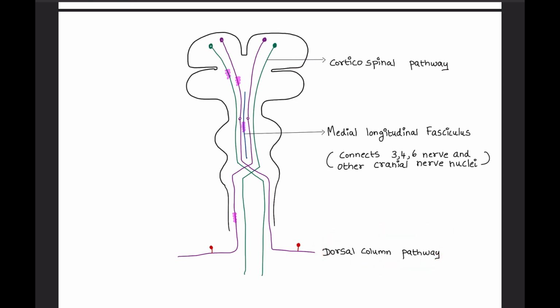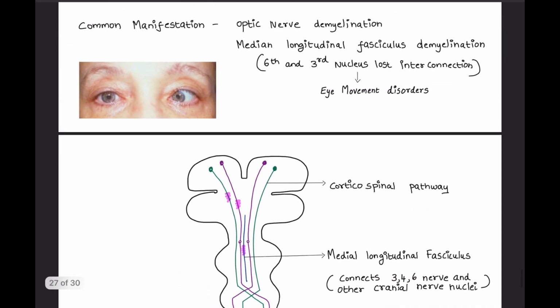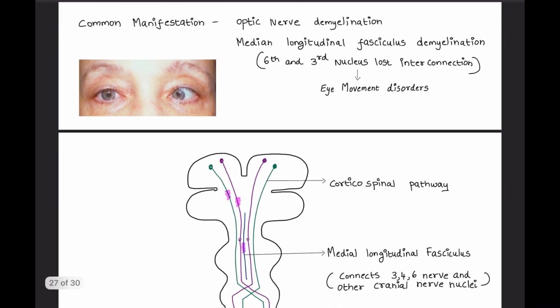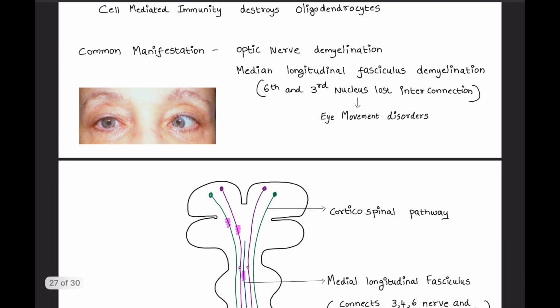This medial longitudinal fasciculus connects the 3rd, 4th and 6th cranial nerves and also the other cranial nerves. So if it becomes demyelinated, then the 6th and 3rd cranial nuclei lose their interconnection, leading to eye movement disorders.